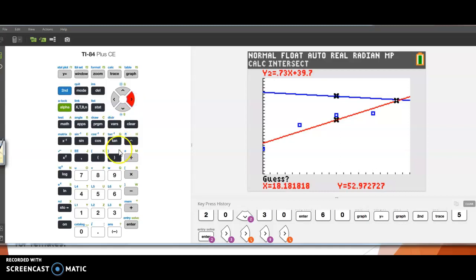I'm moving my cursor right where I think it is, and I do hit enter so that it calculates the exact value. So 18.71. So the two intersect at 18.71 years, and the percentage here is 53.36%.